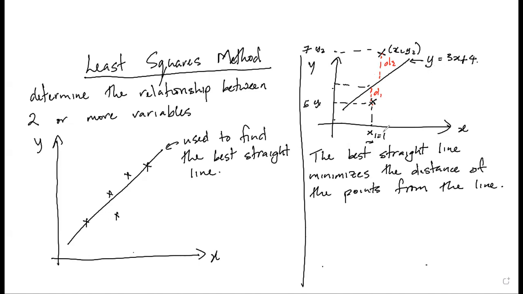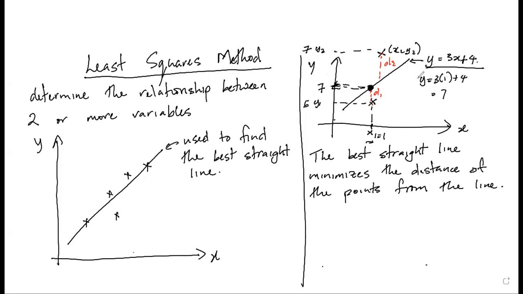And let's say x1, for example, is equal to 1. What is the value that I am plugging in now, x1? How would I find the value here on this line? You would plug in the x value, so d1 would be equal to 3 times the x value, which is 1, plus 4, minus y1, which is 5.